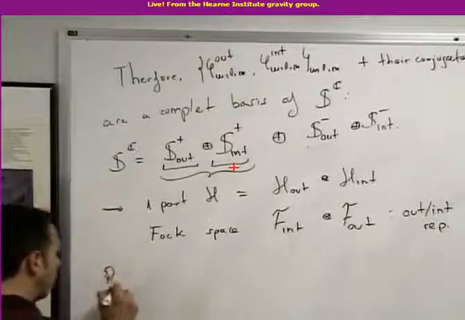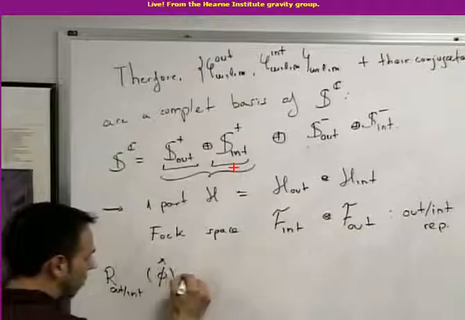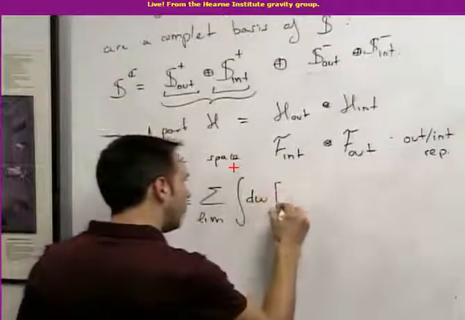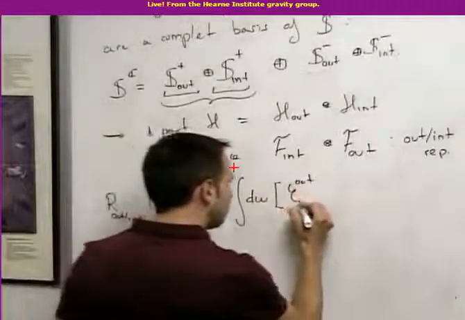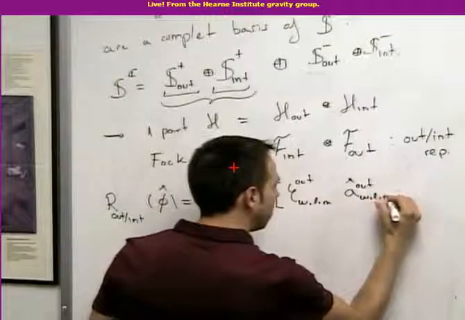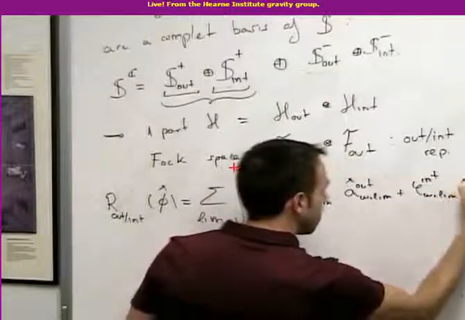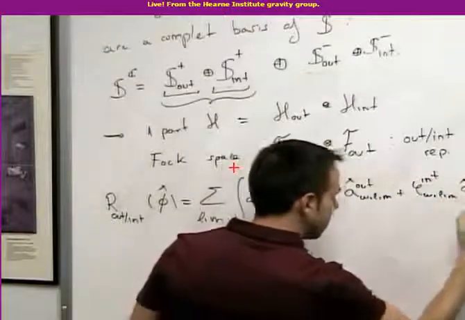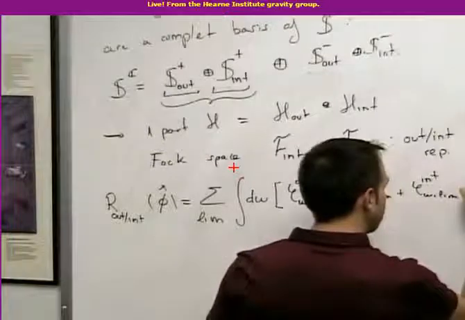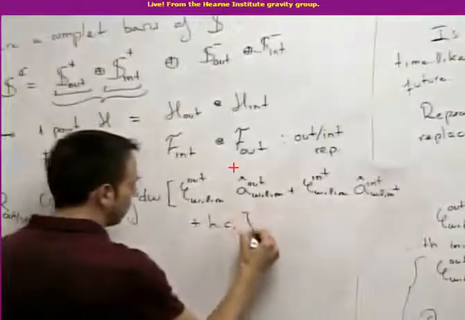In particular, it's not difficult to write a representation for the field operator, as we have done before, which is a sum over the positive frequency basis of modes times annihilation operators for the two parts, the in and the out, plus the conjugates with creation operators.